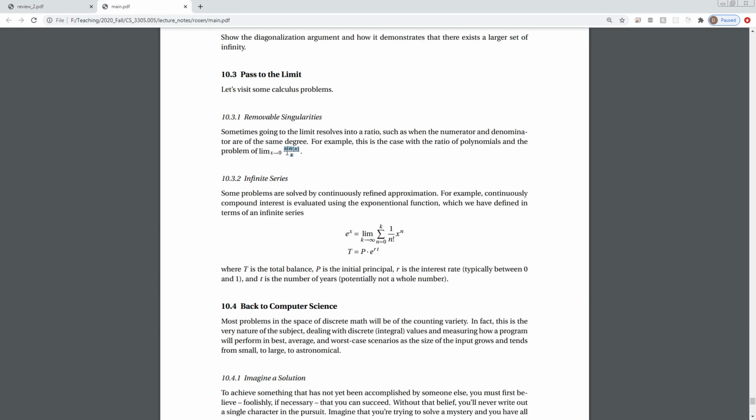This is known as a removable singularity. Normally 1 over x as x goes to 0 would take you to infinity, but the fact that it's a ratio of functions saves you from that, which is a pretty cool result. Okay.